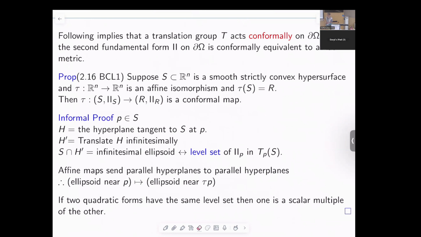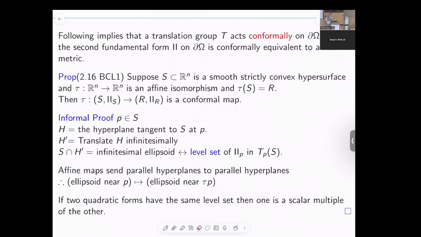Why is that? Here's an intuitive explanation. You've got this convex hypersurface and this metric coming from the second fundamental form. How do you understand that? You could take a point on the hypersurface, take the tangent hyperplane, and move the tangent hyperplane off itself slightly.